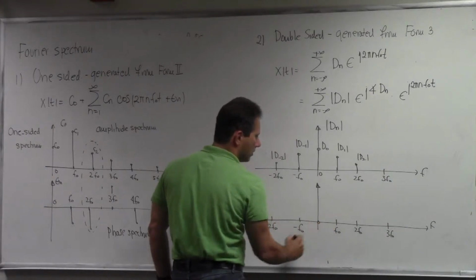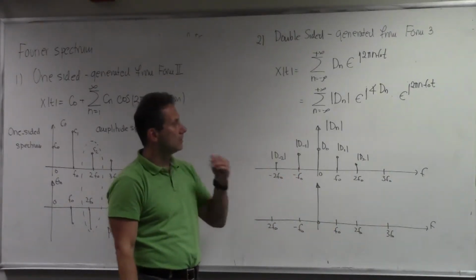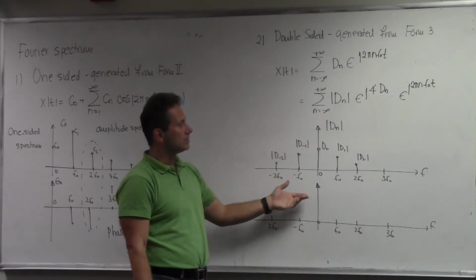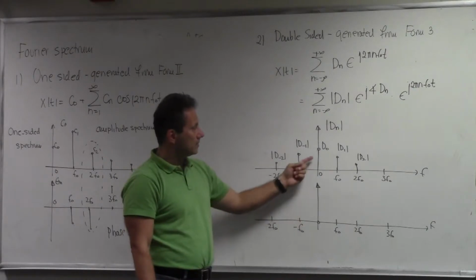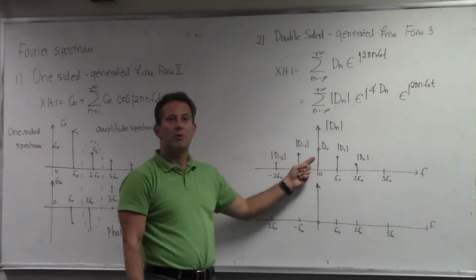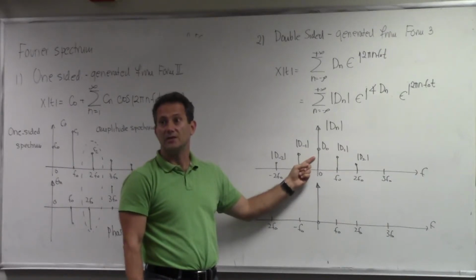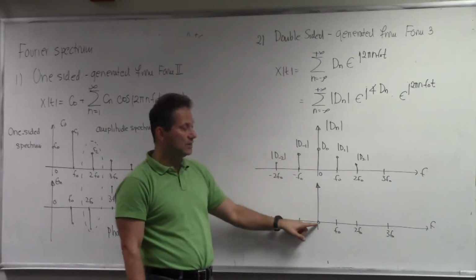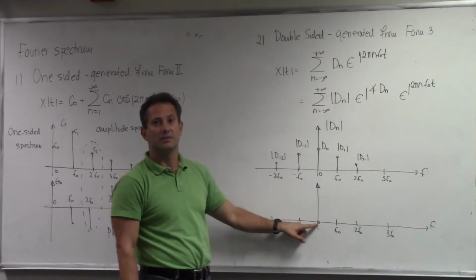And you draw phase. Now, there are some things you have to know when you're drawing these two. D0 is the DC component of the signal. Therefore, it's real. This is the same as A0. So the phase of D0 is always zero phase. It's constant.